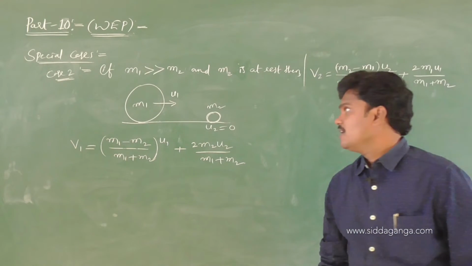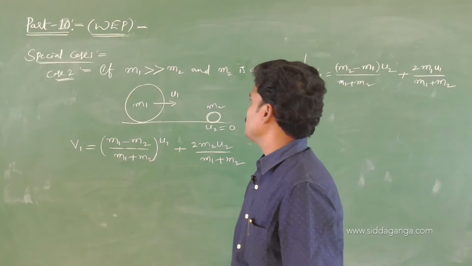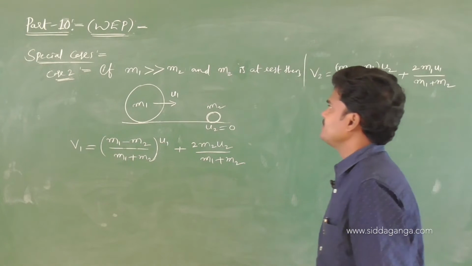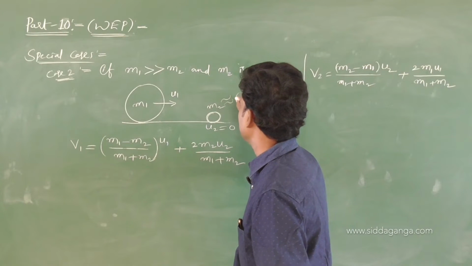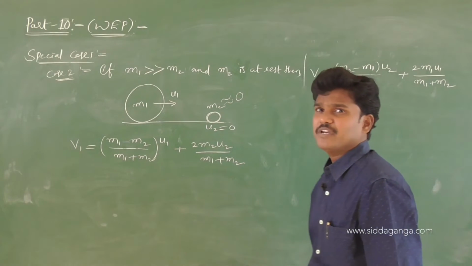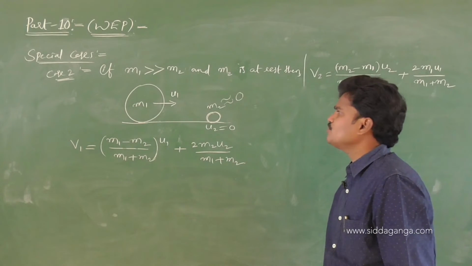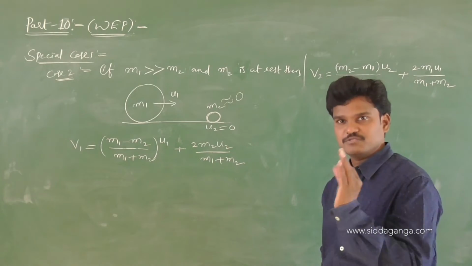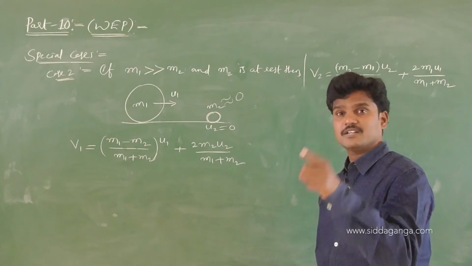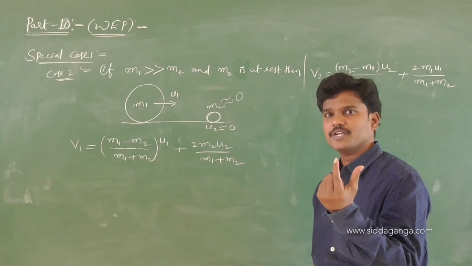As m1 is greater than m2 and m2 is at rest, which one is very small? m2. So you can write m2 as approximately negligible, you can take it as 0, because compared to m1, m2 is very small, so you neglect it. m1 greater than m2 means m2 is a very small particle.